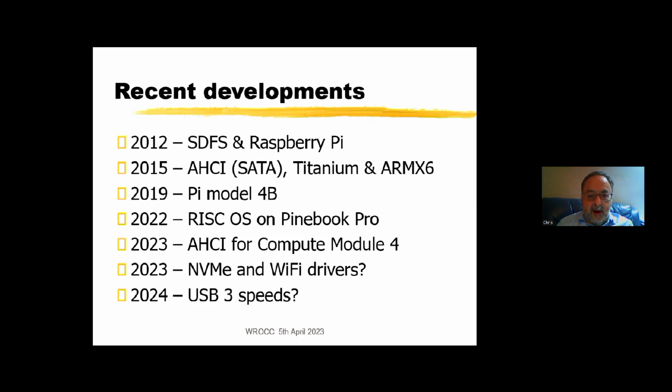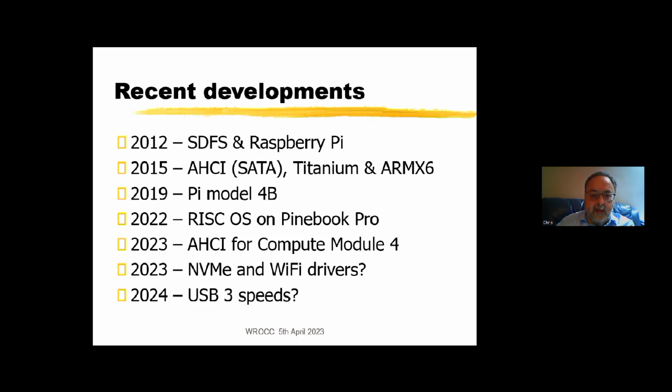It wasn't until about 2022 that the port of RISC-OS onto the Pinebook Pro was up and running. There had been a port onto the Pinebook, but by the time it was ready, the Pinebook was pretty much end of life. So the Pinebook Pro was really quite a significant advance again.